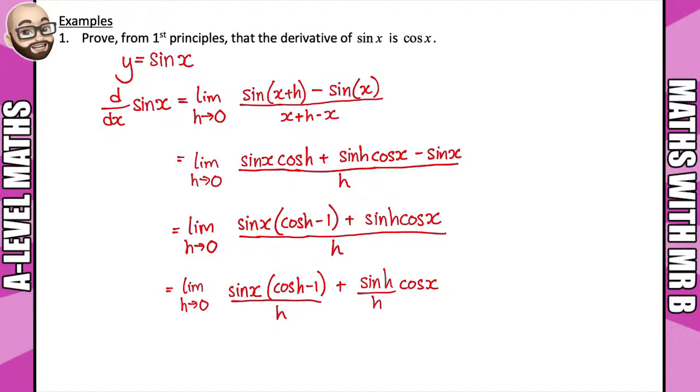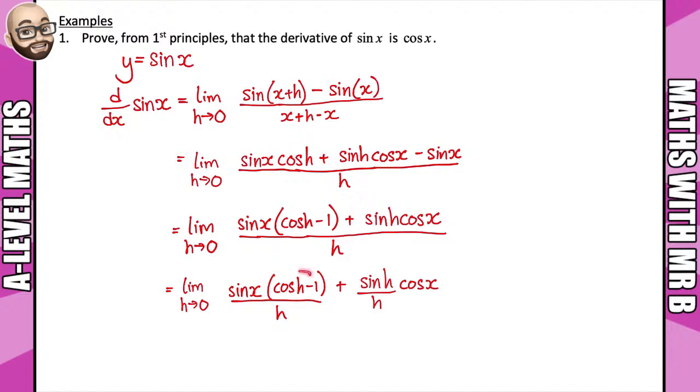So the first thing we can look at is this particular bracket here. If h is tending to 0, that's getting closer and closer to cos of 0, and cos of 0 is going to get us to 1. So this bracket here essentially is going to become 0.